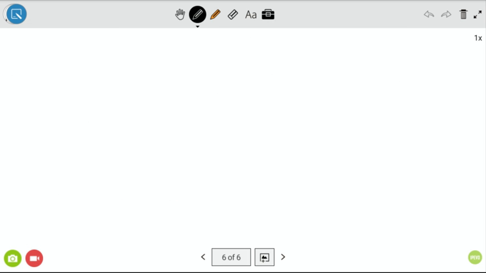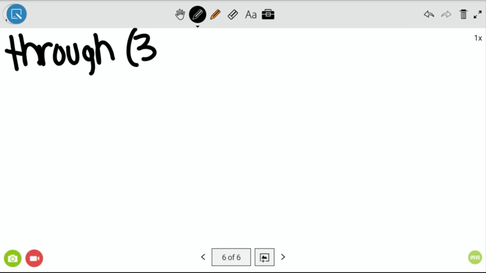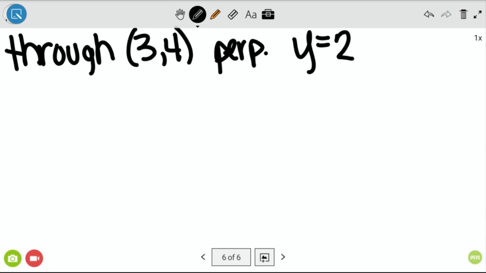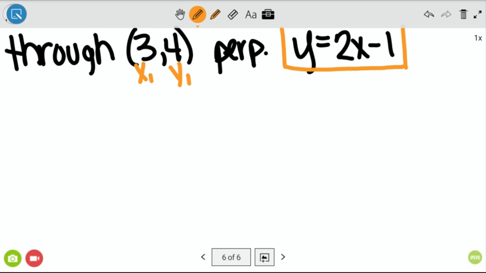So I'm going to give you an example like that. Let's go with the point (3, 4). But this time we're going to be perpendicular to y equals 2x minus 1. So we know we're going to use the point (3, 4) for x1 and y1. Now the slope of the line that I'm given, so this is actually an equation for a line, the slope of that line is 2.